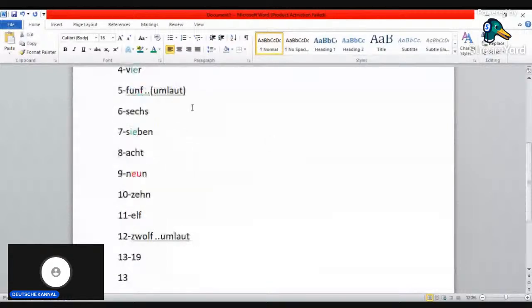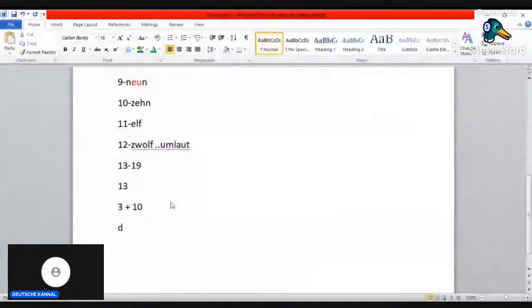So you can write drei. Then 10 we've learned is zehn. So you write zehn. So simply number 13 in German is dreizehn. The two words should be together, no space.